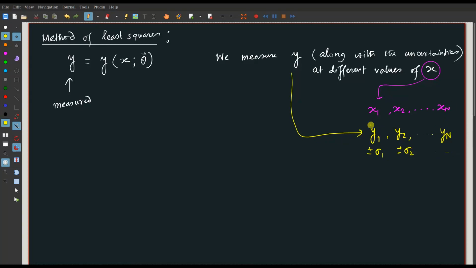Now the question is, how do you measure these y's at different values of x? I will give you a typical example of this. A typical example is that suppose you are measuring the heat flow through a metal rod.